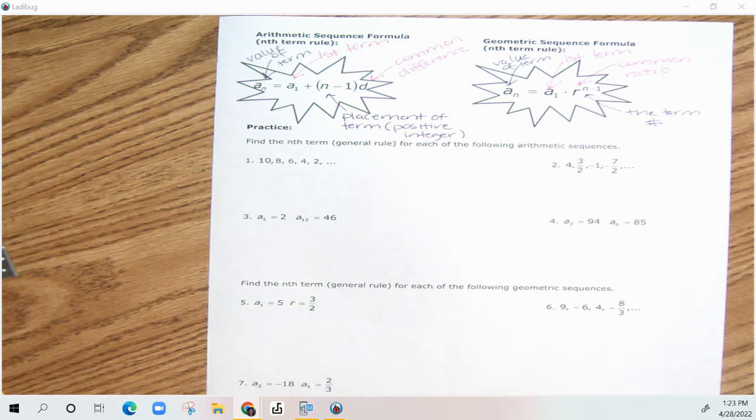But what if I want to know the 500th term? I don't want to have to sit there and write out 500 terms of a sequence in order to answer that question. So I'm going to do the first couple of examples, and then you can pause the video and try them on your own.